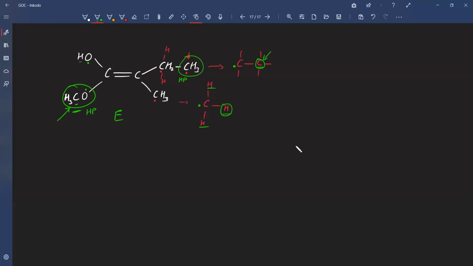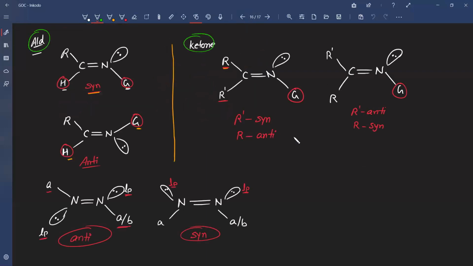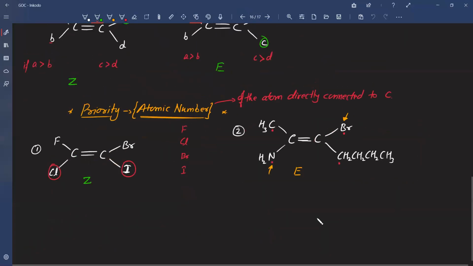Okay, so that was about the E and Z configuration and the CIP rule, which is a very important rule that helps you in giving the priority. In priority, you have to concentrate only on the atomic number of the atom directly connected to the carbon, that is, the carbon-carbon double bond.